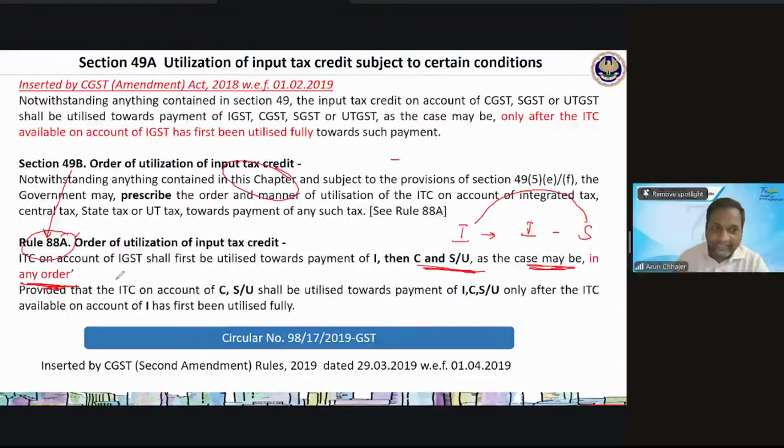Further, provided that ITC on account of C, S or U shall be utilized toward the payment of ICS only after the ITC available on I has been first utilized fully.